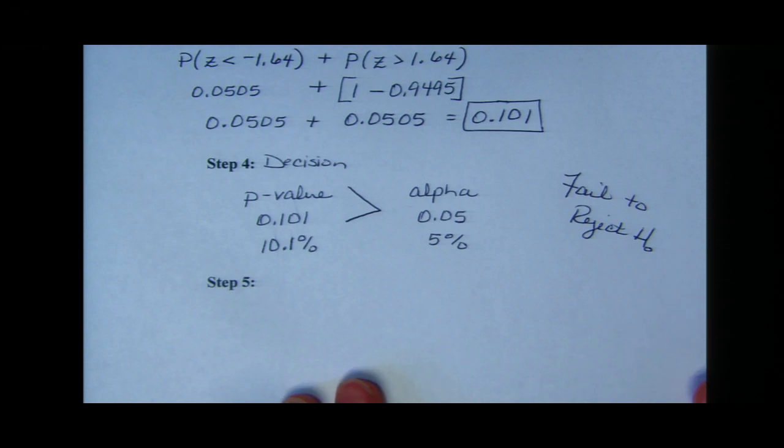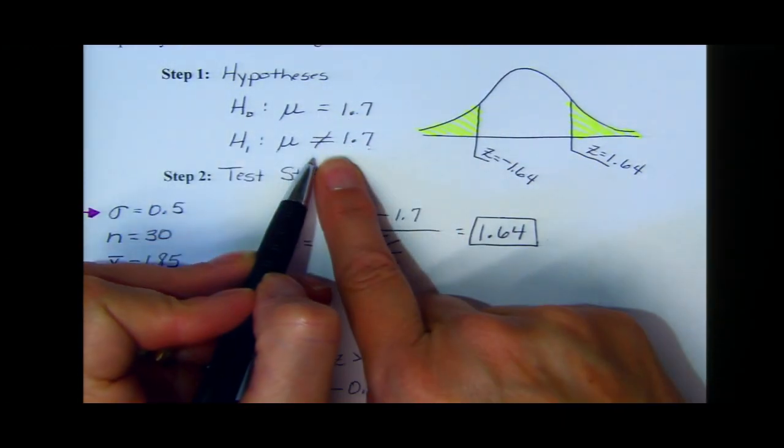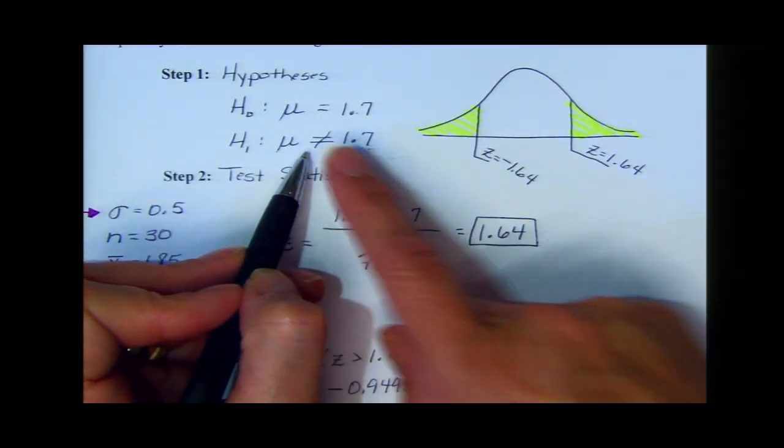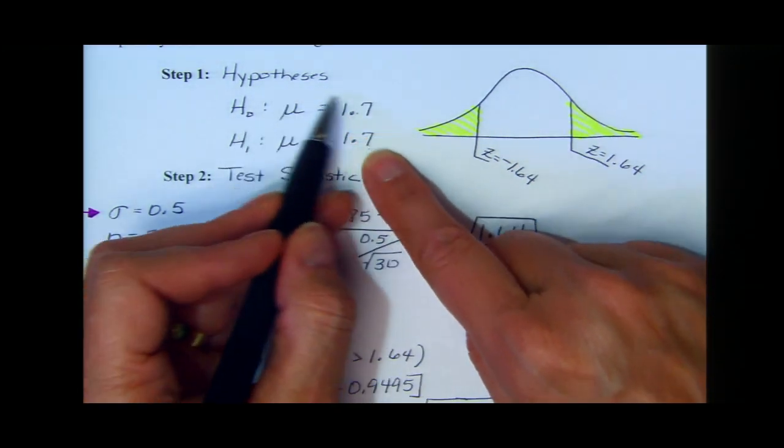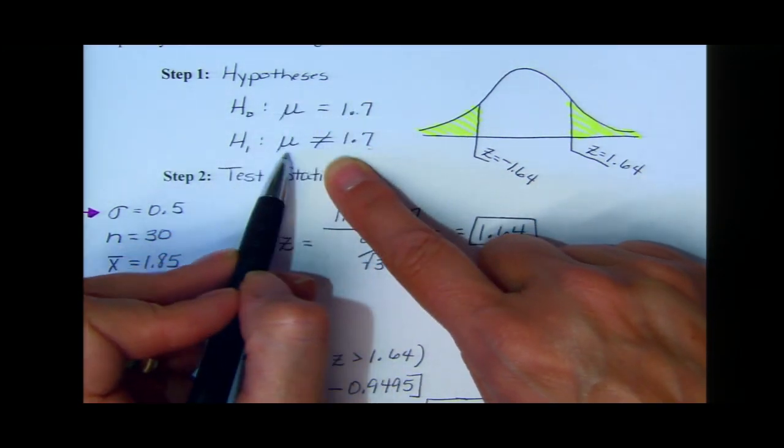which basically what we're saying is we've proved nothing. The last example, we rejected this and said I can claim this, but now since we failed to reject, I can't reject this claim, which means I cannot embrace that it has changed to the alternate.